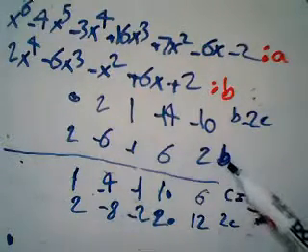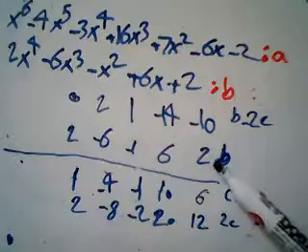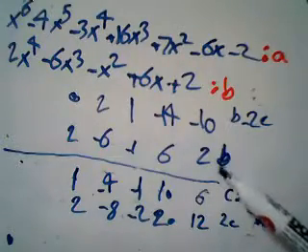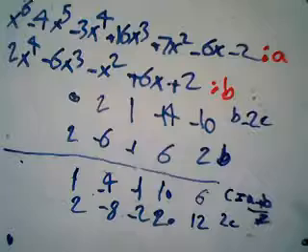The constant term of b becomes 6, and then we could subtract it from c. So we could get rid of the constant terms.